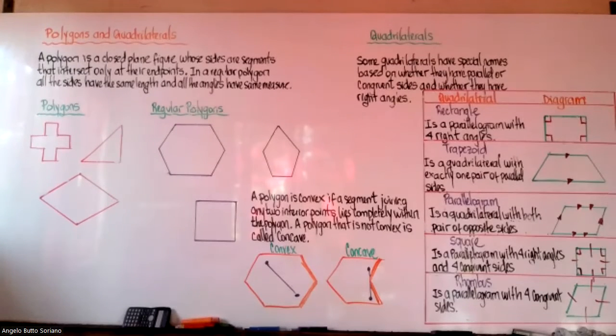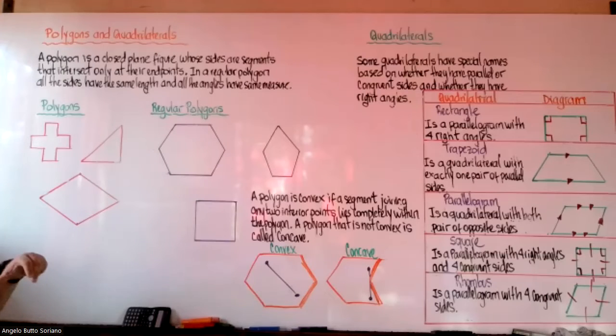Okay, the second one we're talking about is the trapezoid. What does the word trapezoid mean? The trapezoid is a quadrilateral because it has four sides, as you can see, with exactly one pair of parallel sides. What is the meaning of that? It will have two different bases that will be parallel.